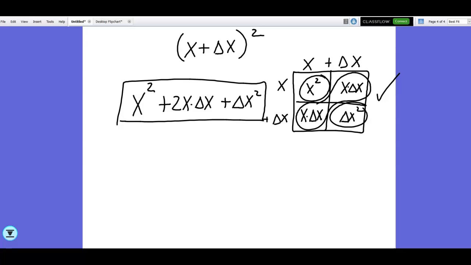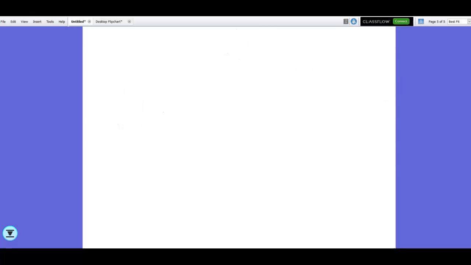Let's go ahead and see where we would have a problem that would require us to do that. So, example 2. Let's say we have f of x. Matter of fact, I'm going to change it up a little bit. I'm going to say g of x because I want you guys to see it doesn't always have to be f.